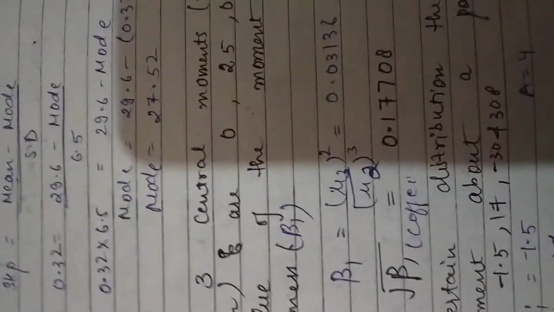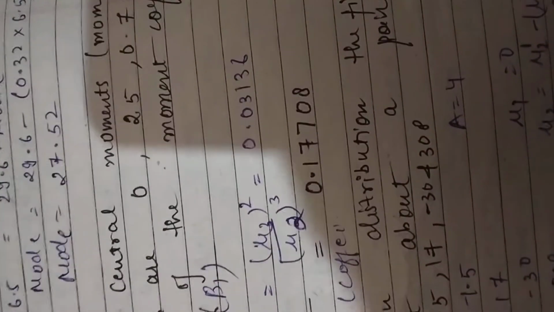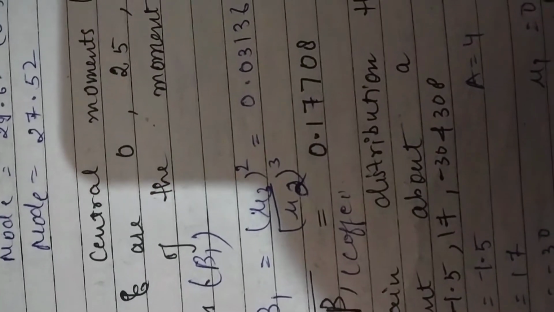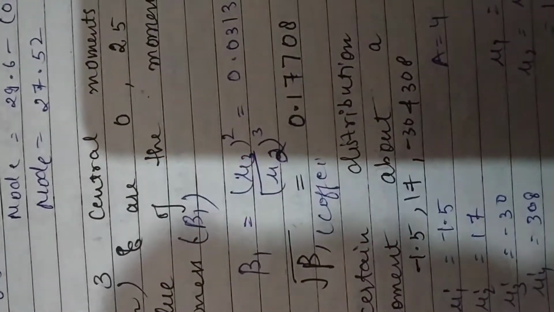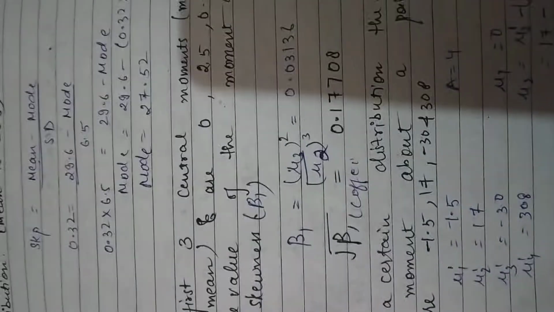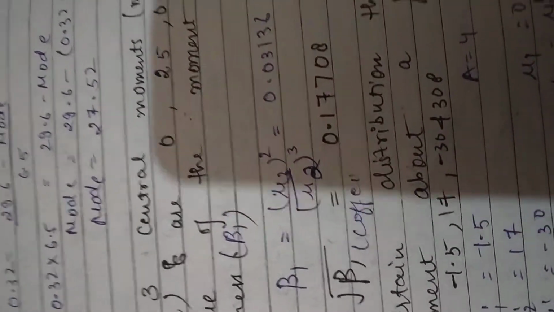We are already given mu1, mu2, mu3. mu1 stands for first moment about mean, mu2 stands for second moment about mean, and mu3 stands for third moment about mean. Then we obtain 0.03136, and square root of beta 1, which is our skewness coefficient, is the square root of this, that is 0.17708.